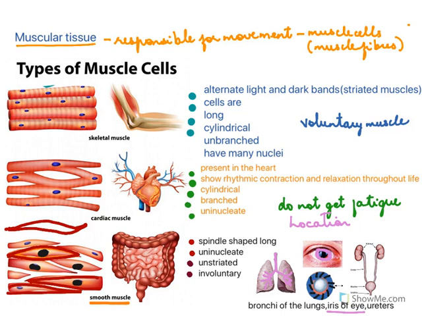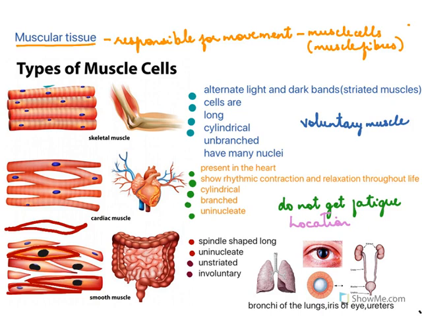The muscles present in the iris of the eye are involuntary, or unstriated muscles. These unstriated muscles are also present in the ureter. This is called the ureter. It joins the kidney to your bladder, and in this duct called the ureter we have the smooth muscles present.